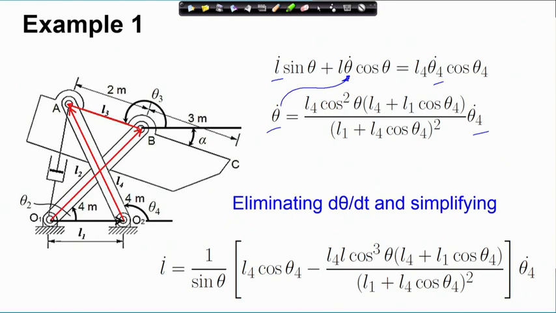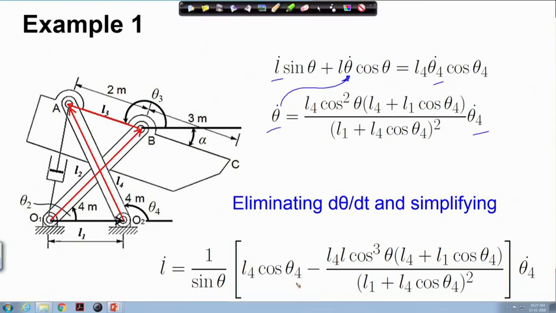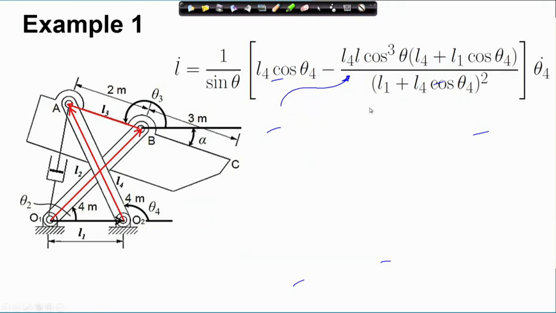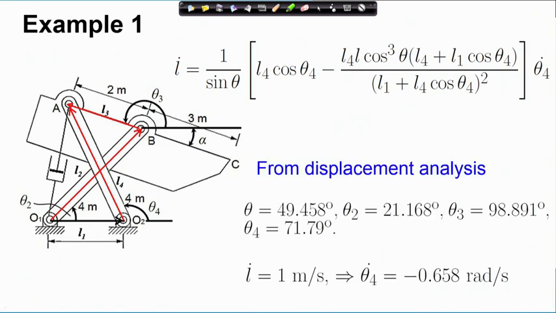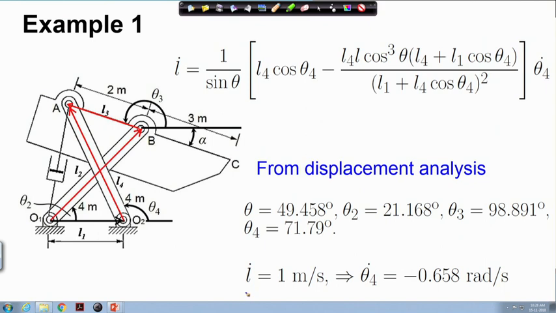Now, out of this, L dot is given to us, the expansion rate is given to us, and from the displacement analysis we already have theta 4 and theta. Therefore, we can determine theta 4 dot, that turns out to be minus 0.658 radians per second for given expansion rate of the actuator as 1 meter per second.